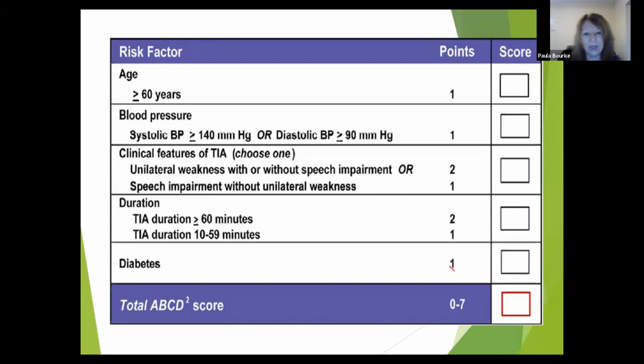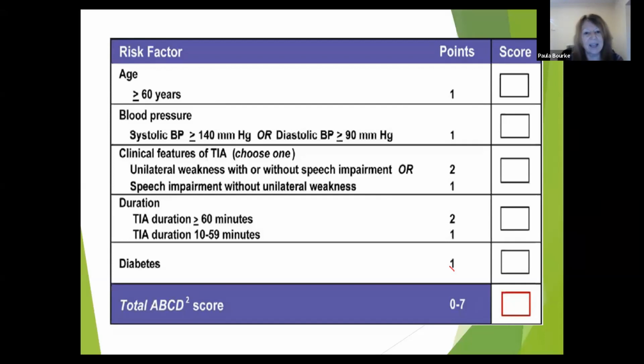Was there unilateral weakness, one-sided weakness, with or without speech impairment? If it's unilateral weakness, you will get 2 points, with or without speech. You don't get an extra point because you've got speech as well. It's 2. And speech impairment without unilateral weakness, you get 1. Any other features, you get 0. And then duration.